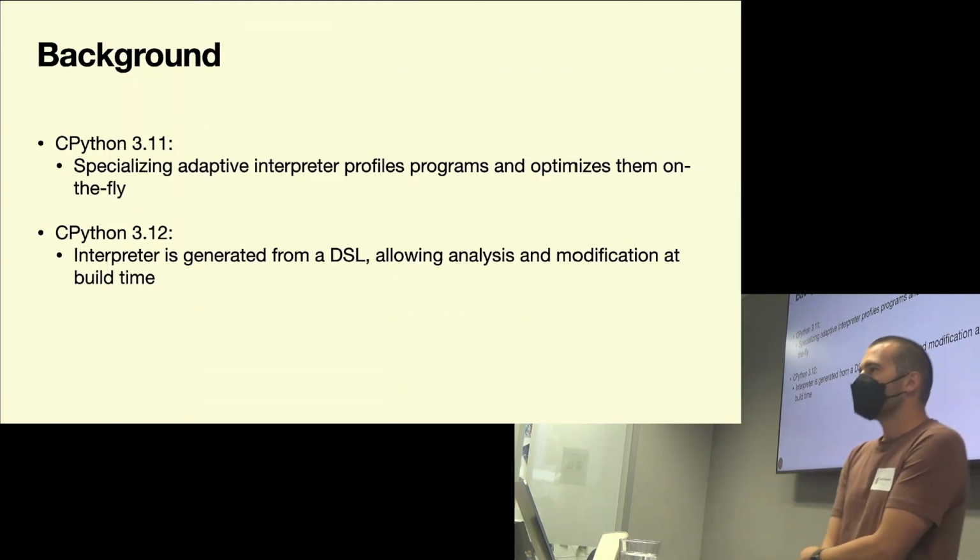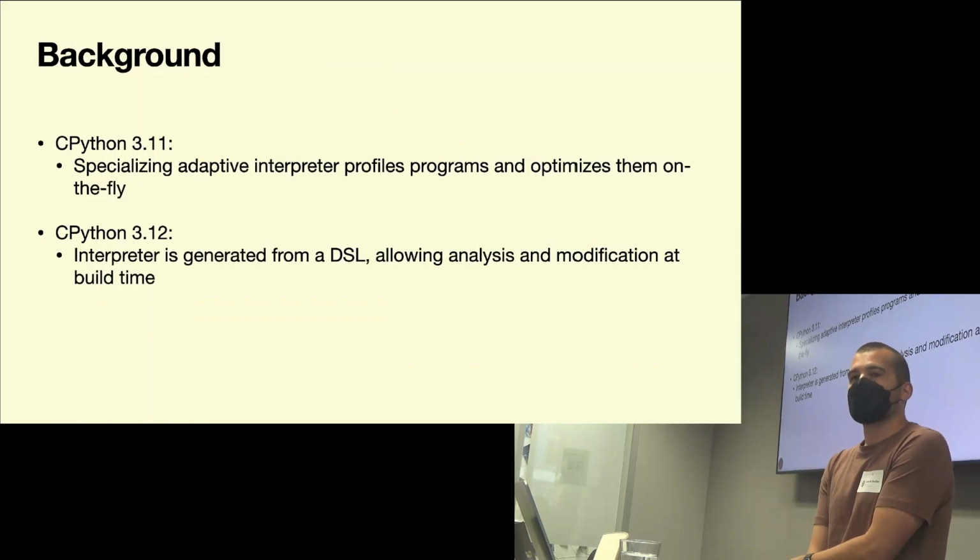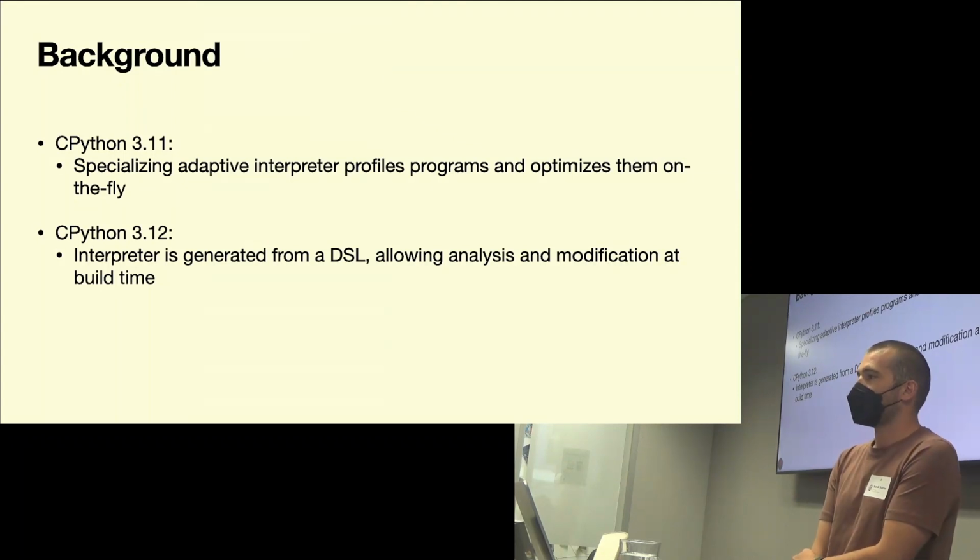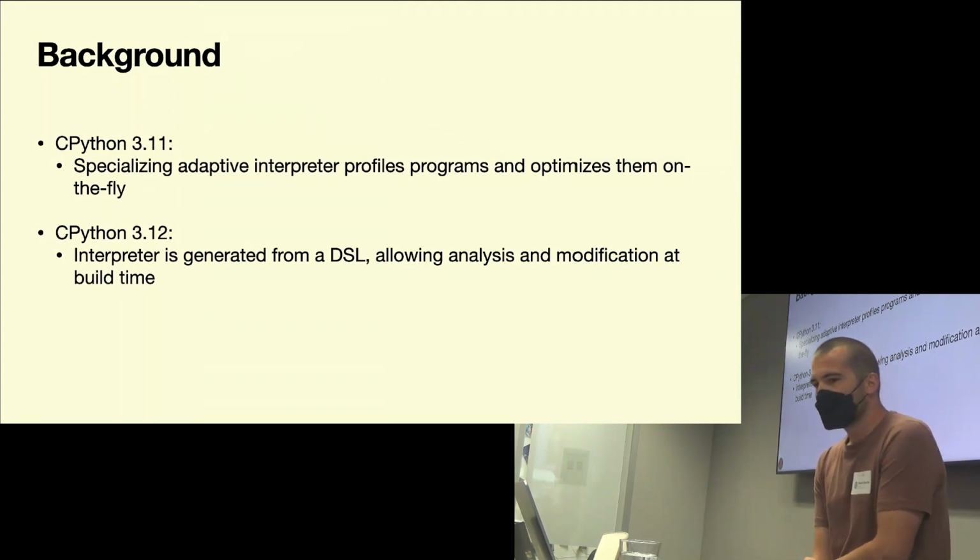But at the same time, again, if you read between the lines, we now are able to generate multiple interpreters from a single source of truth. And we also are able to generate lots of metadata by analyzing that single source of truth.